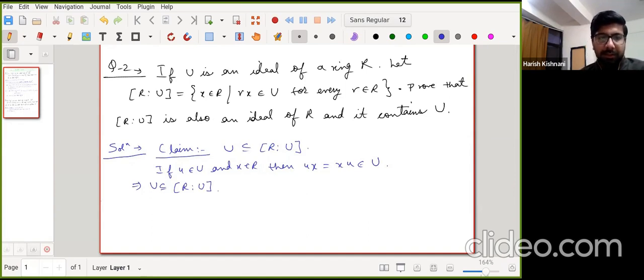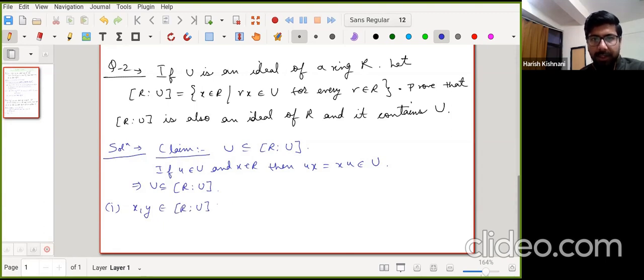And the second thing is to check whether it's an additive group or not. So it's not going to be empty. That's clear from this observation itself that it contains another ideal. But whether it's an ideal in itself, that's the question that we are going to see next. So for the additive group, let's say there are x and y inside R_U. What will it imply?